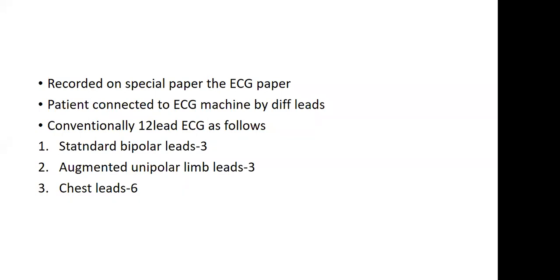Second, the augmented unipolar leads, which are also 3 in number. And lastly, the chest leads, which are 6. So in total, a 12 lead ECG is recorded in this way: first 3 standard bipolar leads, next 3 augmented unipolar leads, and lastly 6 chest leads.